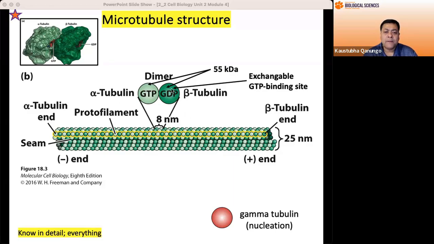But remember that natural hydrolysis and low affinity is not sufficient for the speed they need. So you need some dissociation proteins, which will take off these subunits at a much faster rate, just proteins similar to cofilin or gelsolin for your actin.